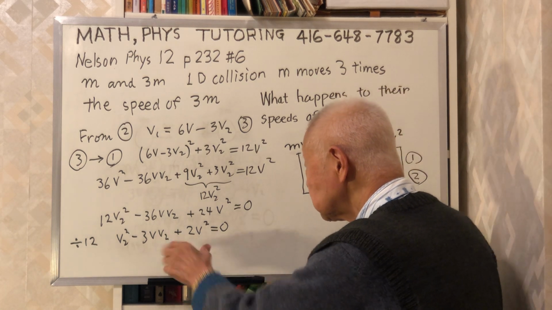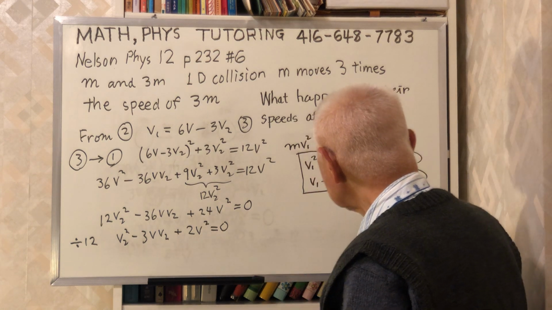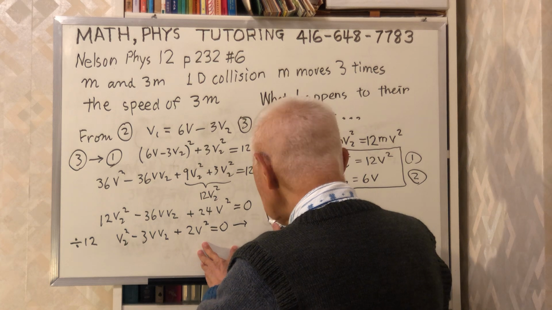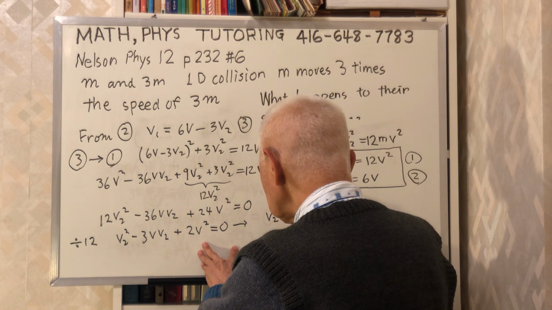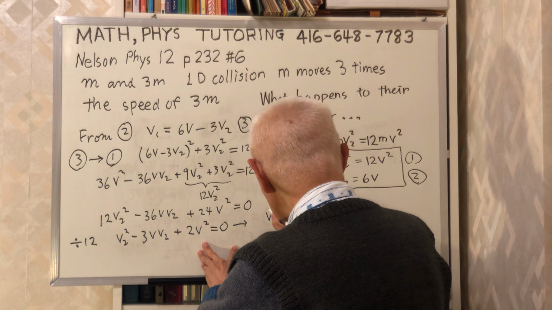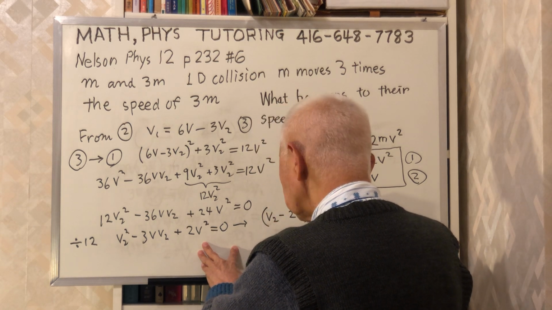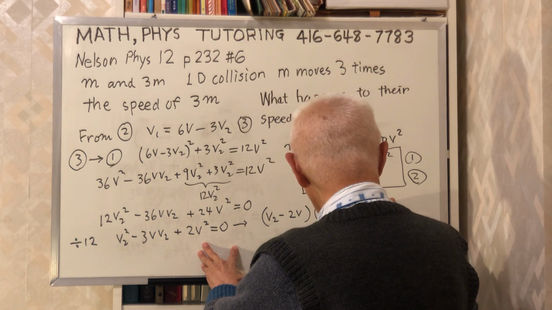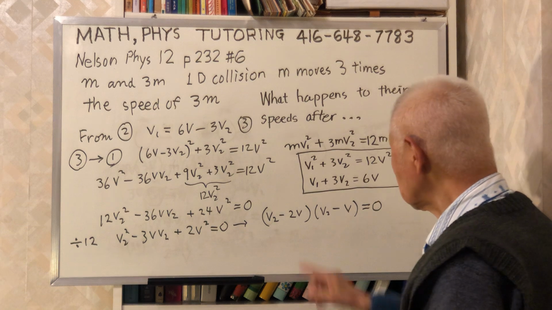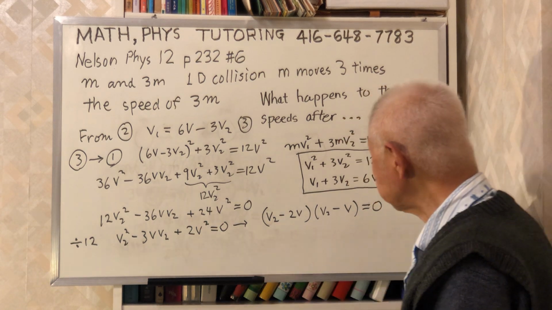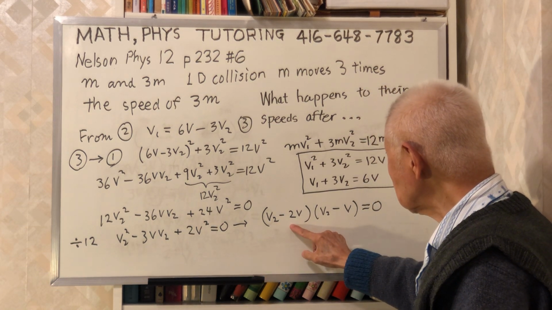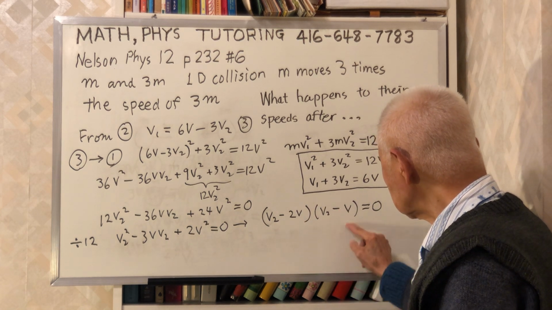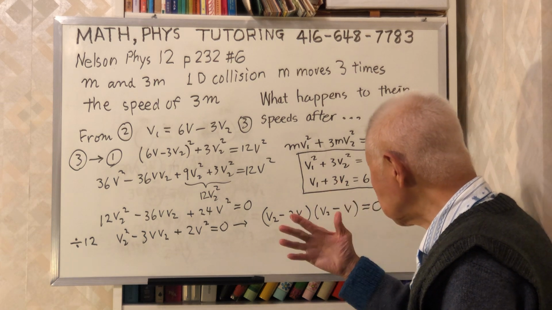So this, I can factor it. So this becomes v2 minus 2v, v2 minus v. Let's check. v2 times v2 is v2 squared. 2v2 plus 1 v2, I get 3 v2.